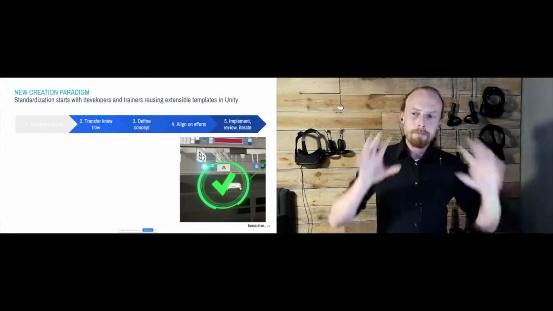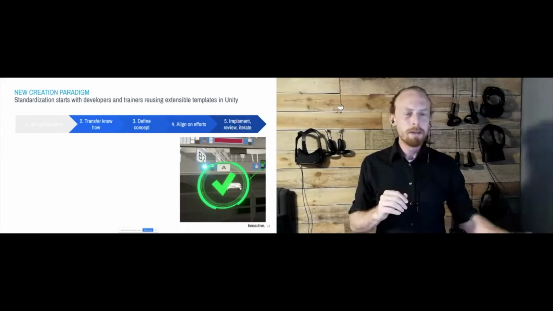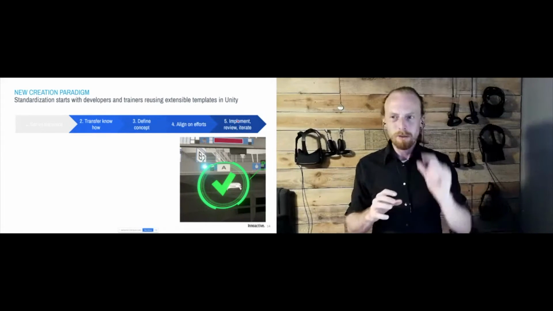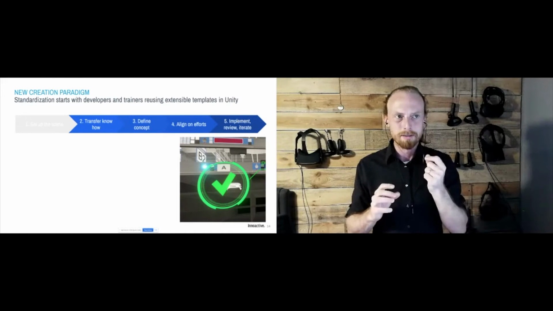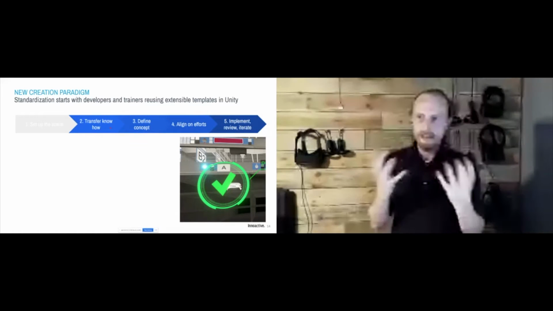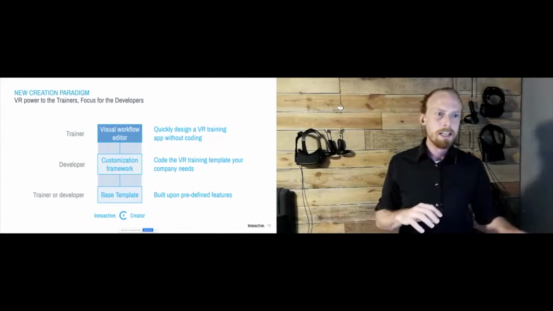Usually after building 2, 3, or 4 applications, this implement, review, iterate will be minimized to the smallest increment. And combined with the template, it's defined. The training is defined. You only need the 3D geometry to build the whole training.